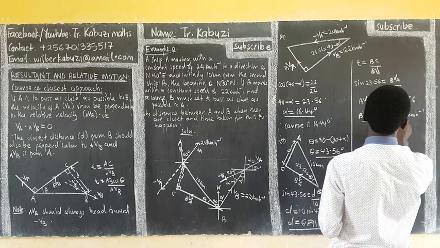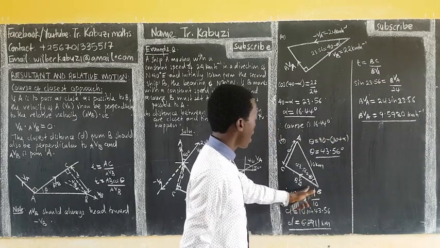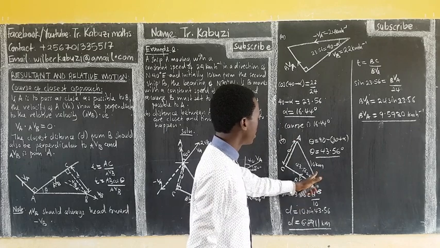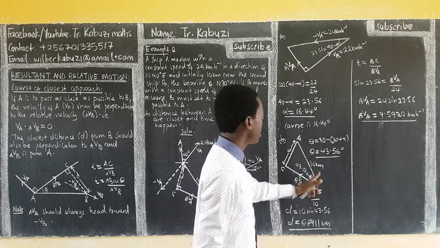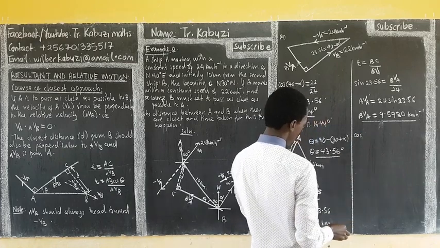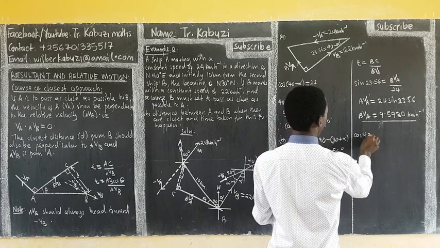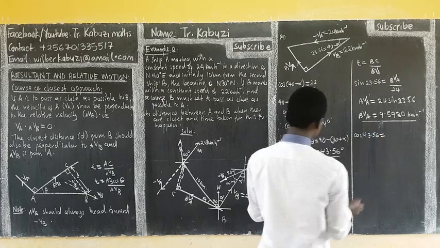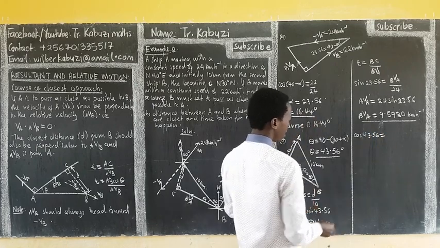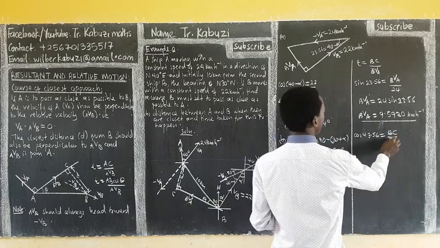When I have this, now I need to get my BC. So what about BC? I have this and I have this: this is adjacent, this is the hypotenuse. So my cos of 43.56 is going to be the adjacent, which I want, BC, over the hypotenuse, which is 10.